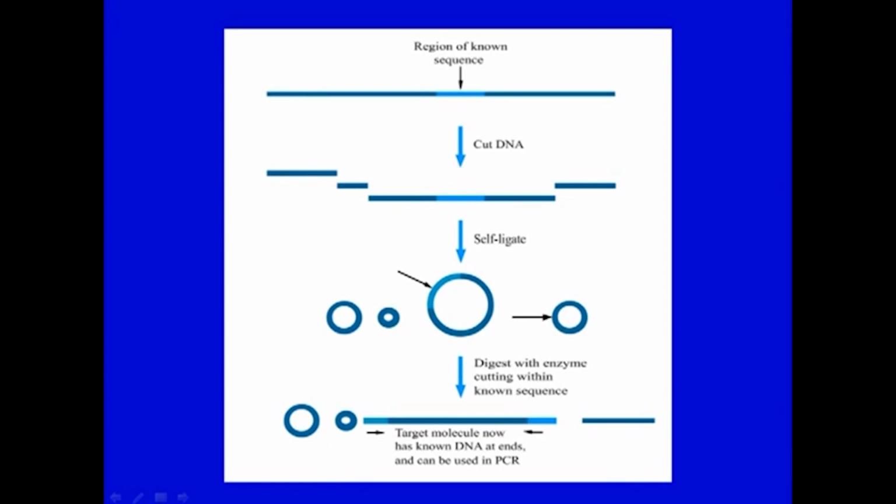Now, there are other types of PCR, like in situ PCR. It is possible to carry out PCR using permeabilized tissues, say thin sections on a microscope slide. This requires a specially adapted PCR machine to accommodate these slides.